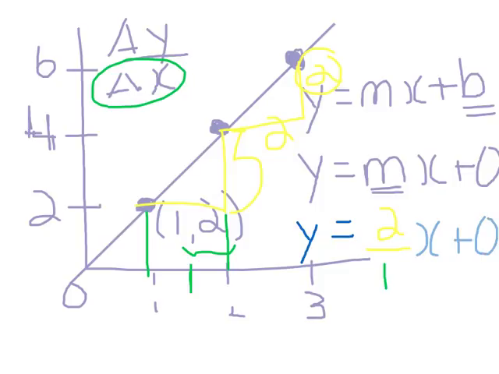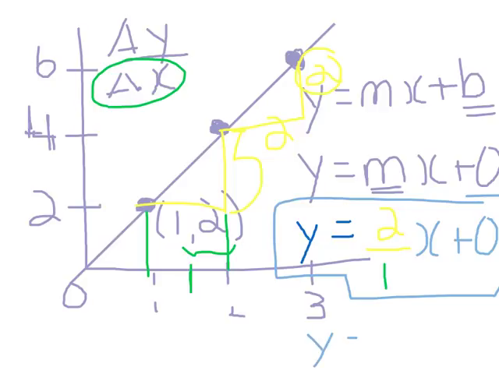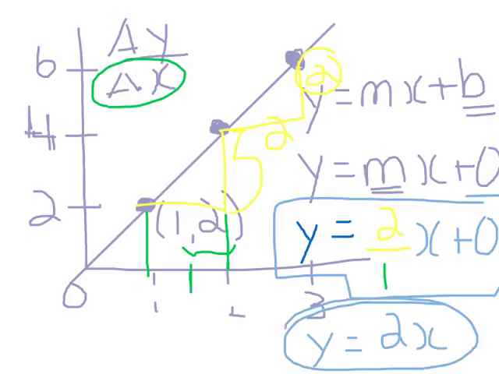Okay, so that's what my equation looks like before I simplify it. When I simplify it, it just becomes y is equal to 2 over 1, which can just be written as 2. Don't forget your x next to it. And I don't have to include the 0. So my simplified equation for this graph is y is equal to 2x, meaning that if I picked a random value for x, so if x was 4, I can use my equation to solve for the graph. Okay?